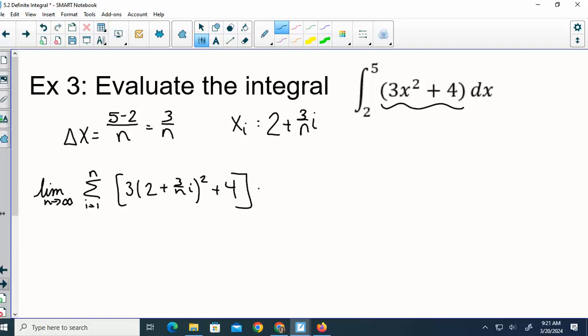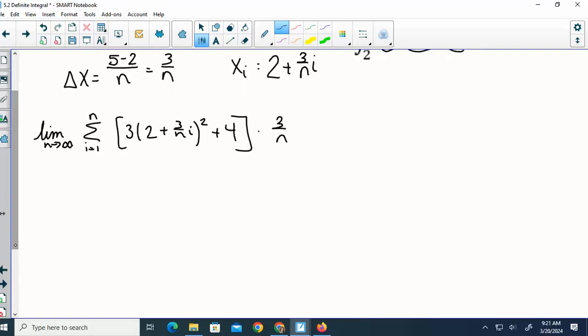And dx gets replaced with what? 3 over n. Now it's like a problem we were doing several days ago. A lot of algebra here. The more you show, probably the less likely you are to make a mistake. Where would we have to begin?